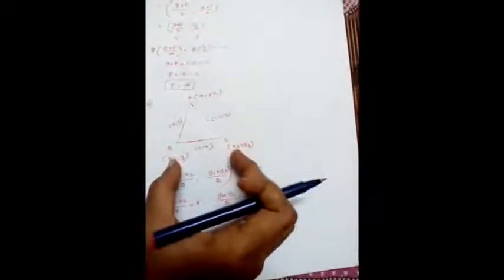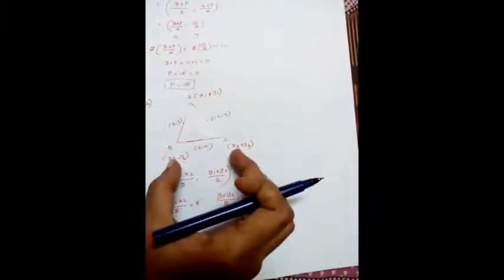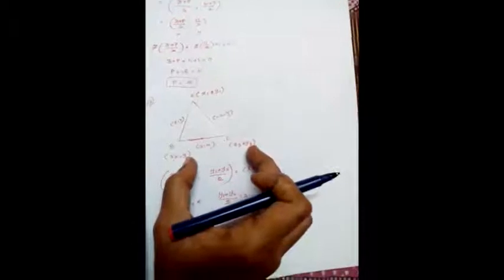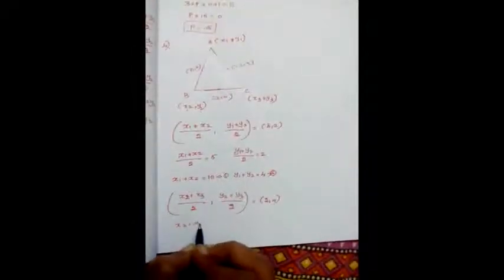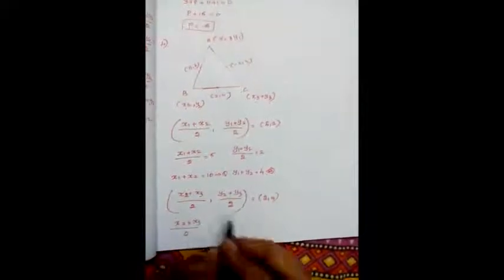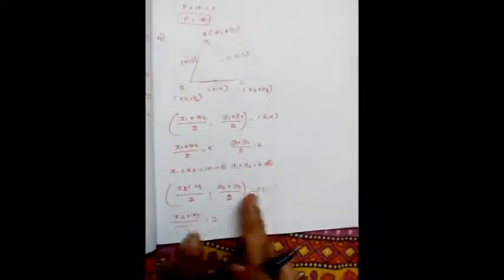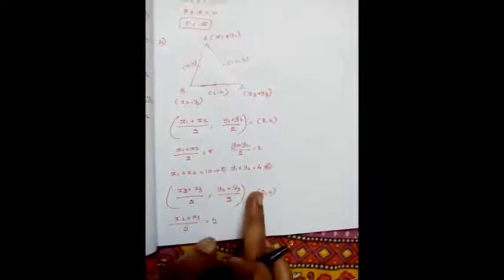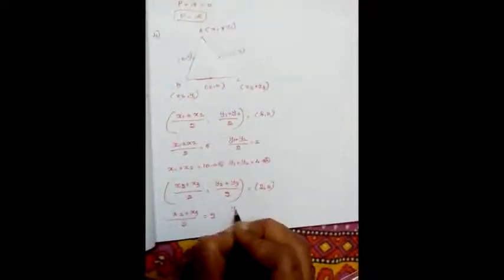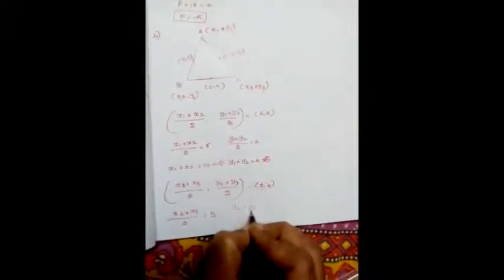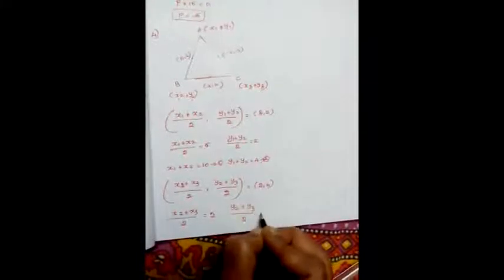This was x1, x2 earlier: x1 plus x2 by 2 and y1 plus y2 by 2. Now x2 plus x3 by 2 is equal to 2 because the x-coordinates are equal. Likewise, y2 plus y3 by 2 is equal to 4.